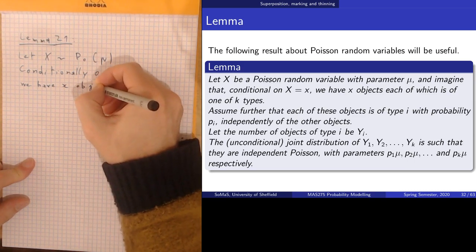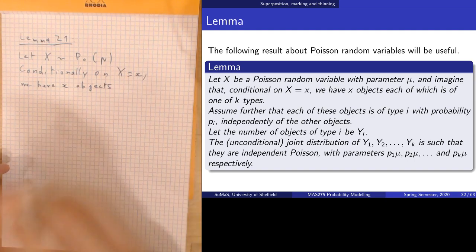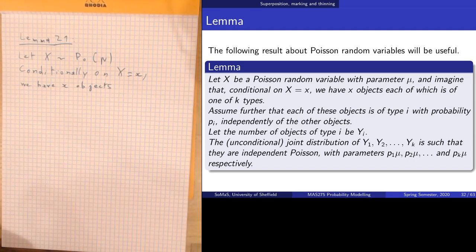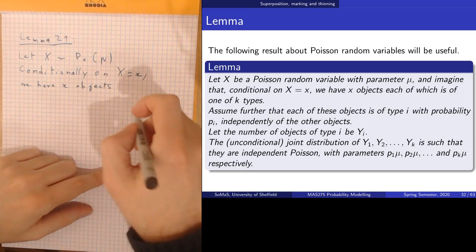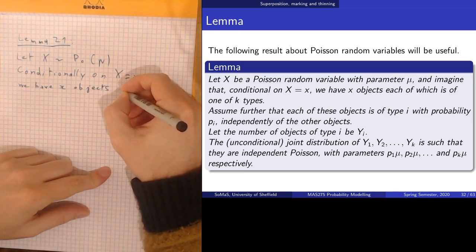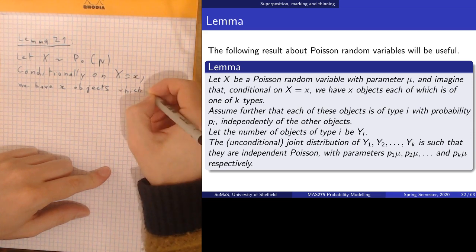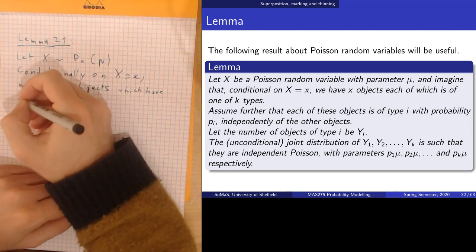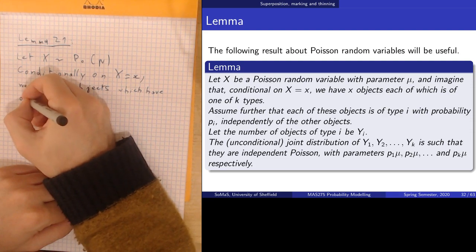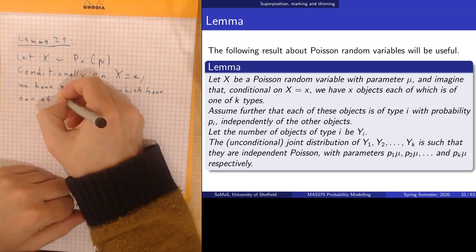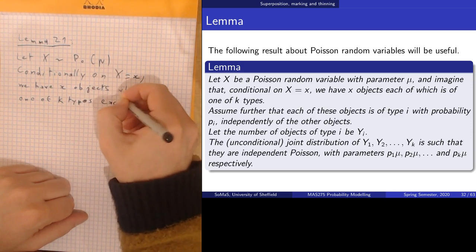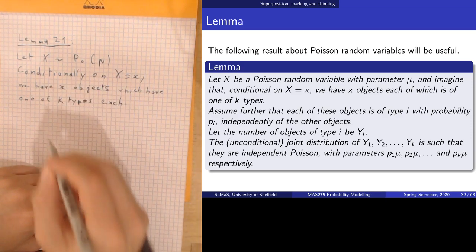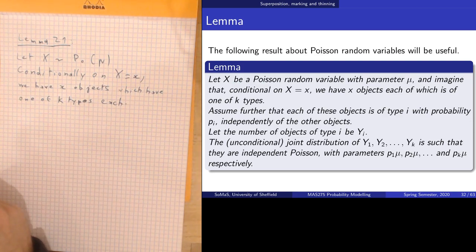Maybe it's x phone calls, x objects, and each of those we're going to give them a color, a type, a mark, which have one of k types each. So each of my x objects can have type 1, type 2, type 3, or type k.